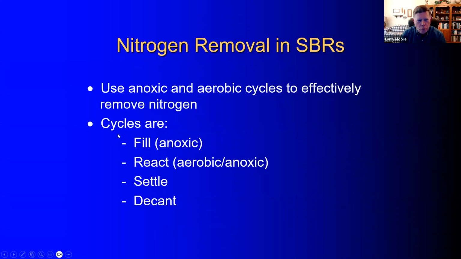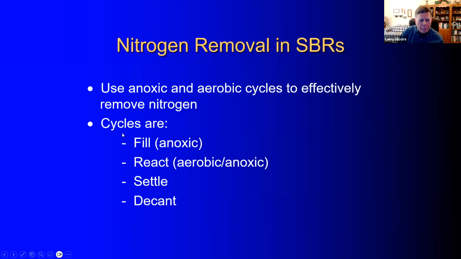Let's say if we got 2 batch reactors, then one reactor will receive the wastewater. Let's say it's a 6-hour cycle. Then one reactor will get wastewater for 3 hours, and the other reactor will be in a 3-hour period that includes react, settle, and decant.